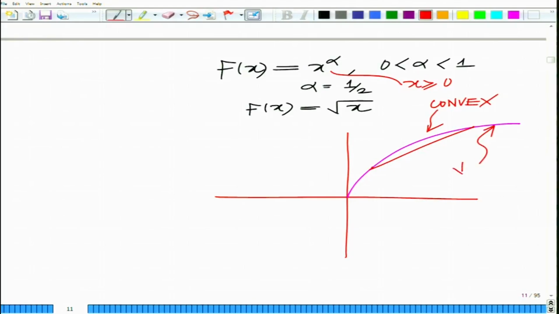This is your function f of x equals square root of x for x greater than or equal to 0, and it is concave.